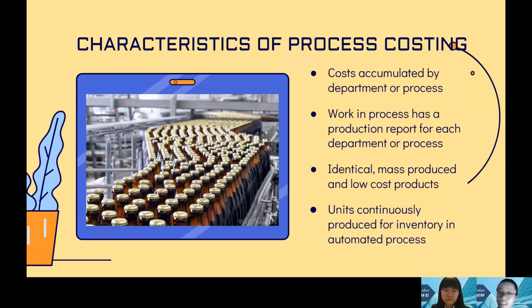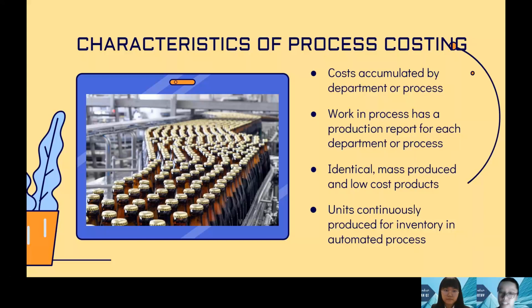So, here are the characteristics. Costs are accumulated by department or process, as I've said before. In job order costing, we base the cost on jobs, but here in process costing, we allocate it based on the departments. The second one, work in process, has a production report for each department or process.